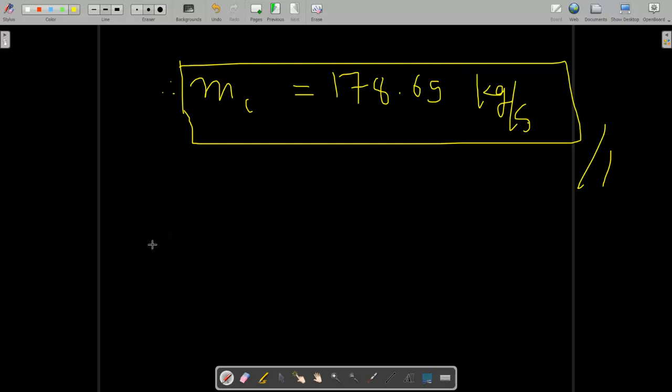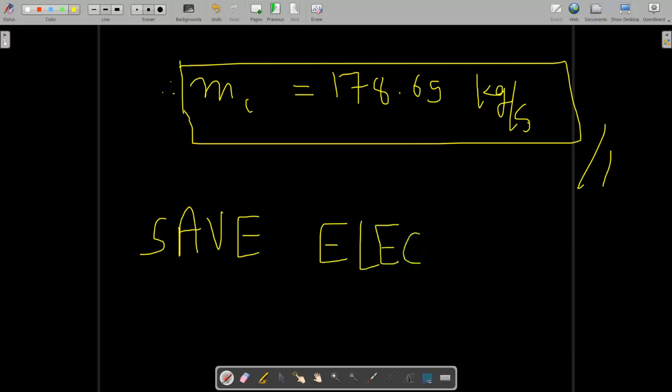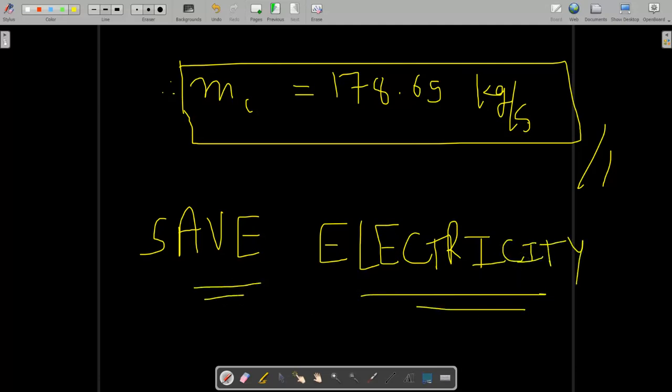So I want to give you a message: save electricity. I'm not telling you to underutilize, but utilize how much you need, and don't waste it. Because here you can see from the question how much heat is needed and how much coal is needed per second.